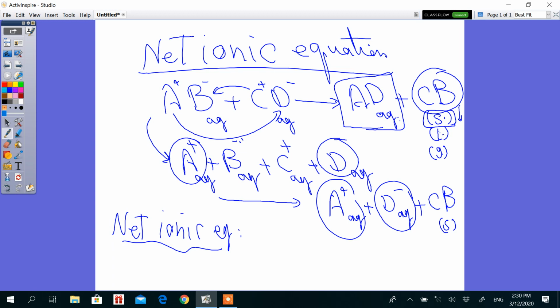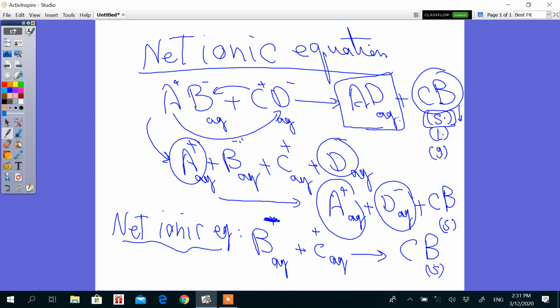A produced as A, so it is not included. D produced as D negative aqueous, so it's still D negative. But B and C produced CB, so B aqueous negative plus C aqueous positive produced CB solid. So that's my final net ionic equation.